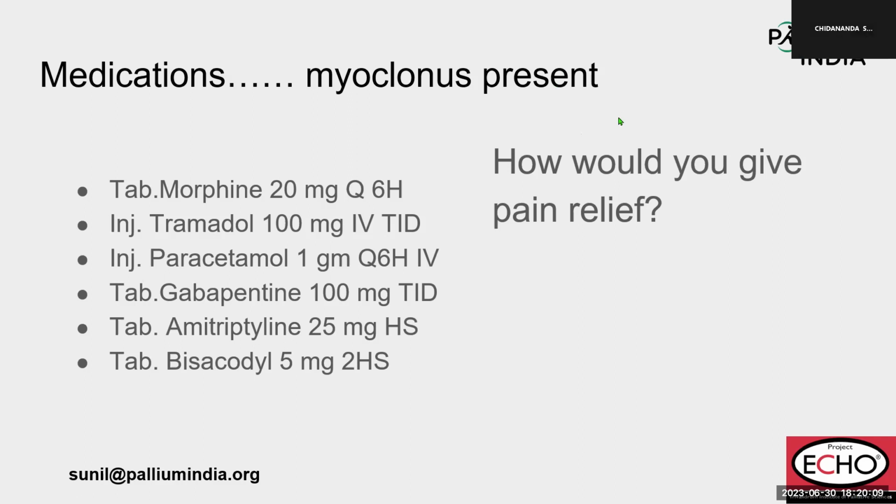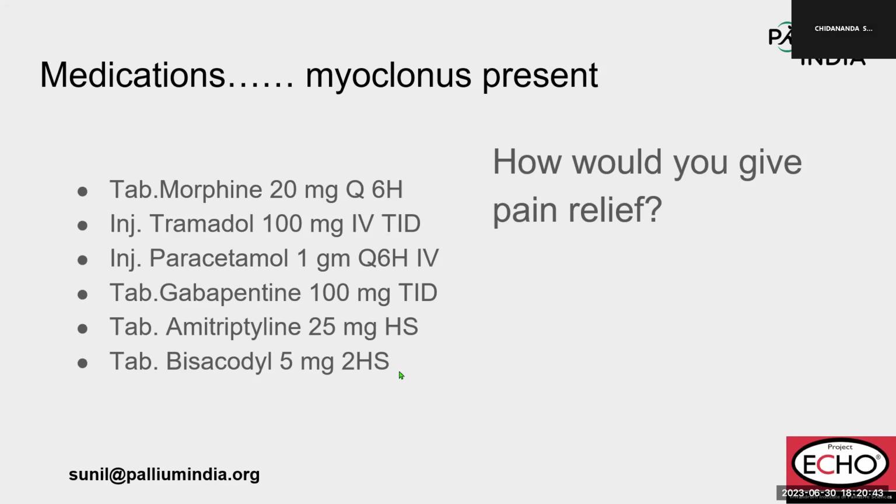She's on morphine 20 milligrams 6 hourly, plus second line medications like tramadol, gabapentin, amitriptyline, and paracetamol also. Despite that, she's having pain. I can see neuropathic pain. Despite that, if she's having pain, then she needs an alternative line of management.